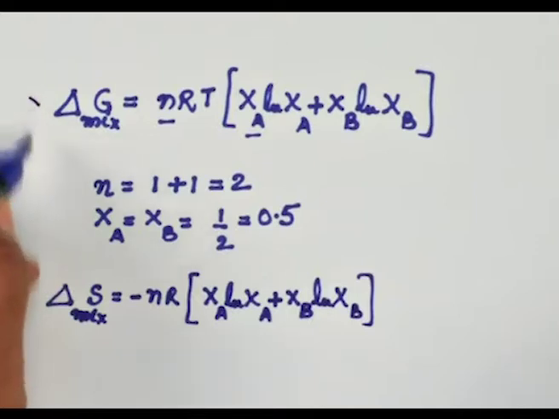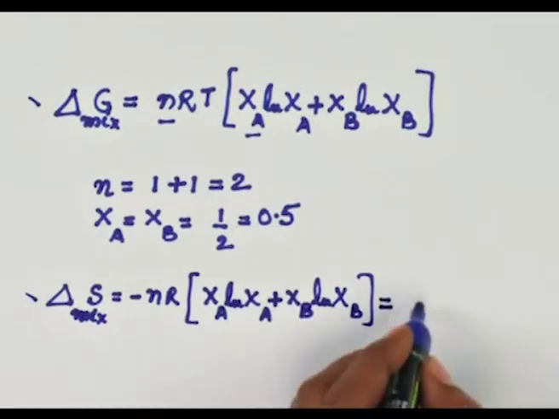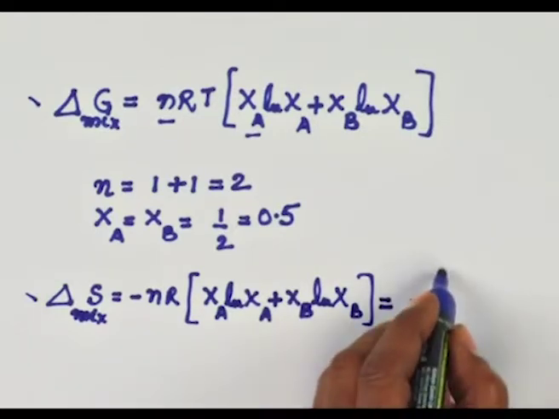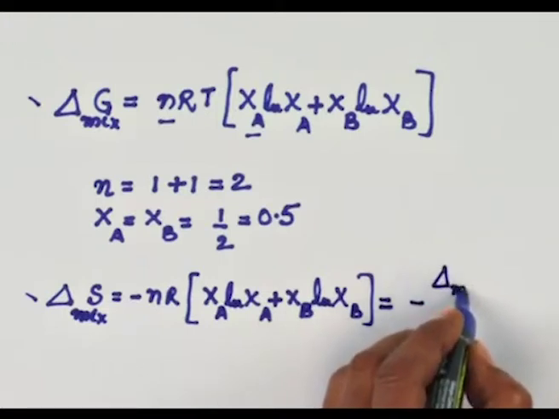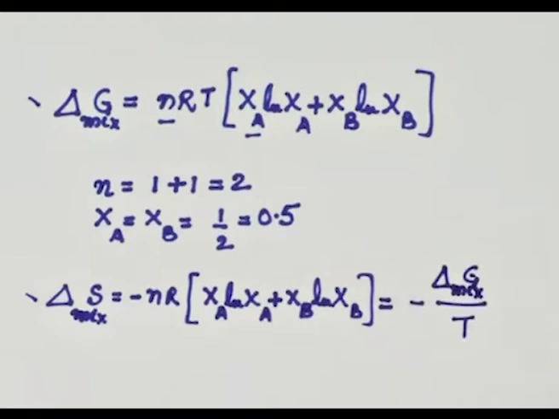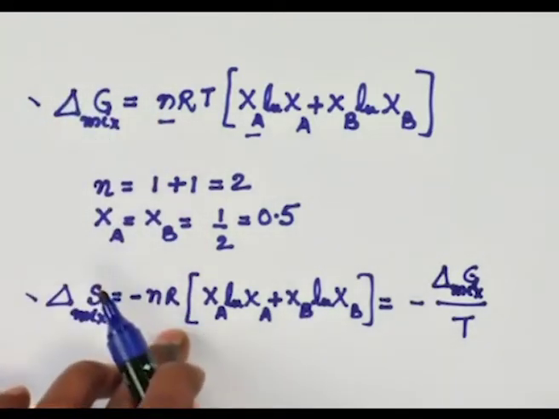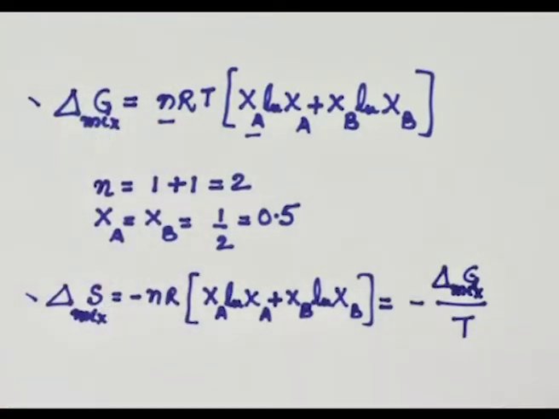And if you compare this and this, then simply I can write this as minus delta G mixing divided by T. If you compare these two equations, you simply divide this expression by T with a negative sign.